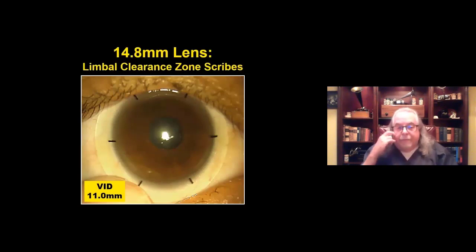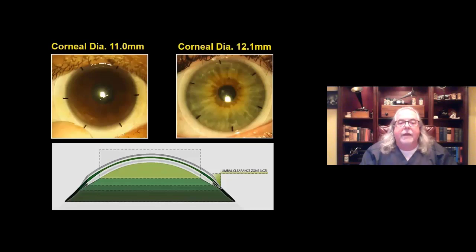You can see that the markers are right over the limbus, indicating that on this small diameter cornea, this 14.8 millimeter lens is probably going to create an adequate amount of limbal clearance.